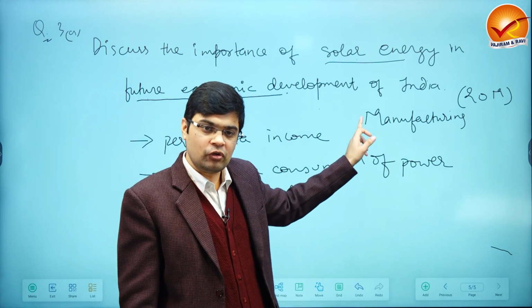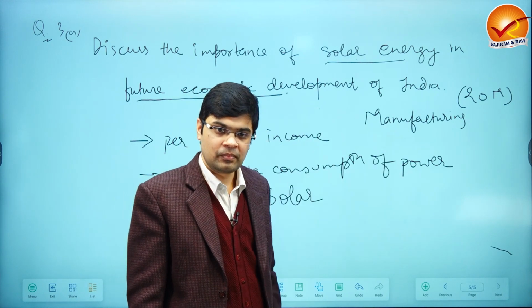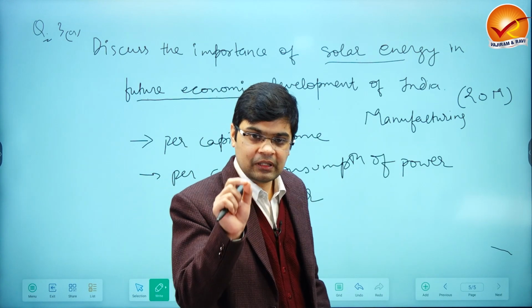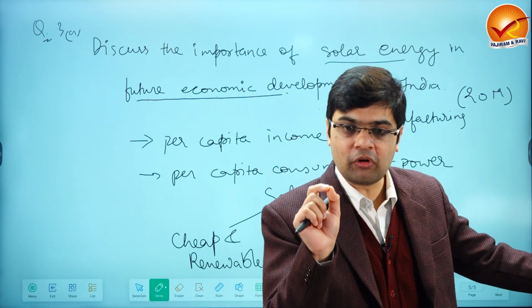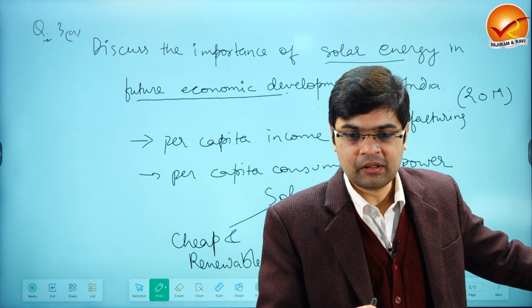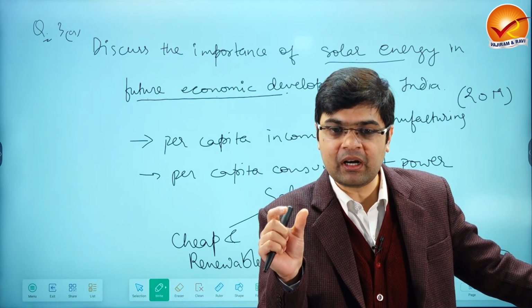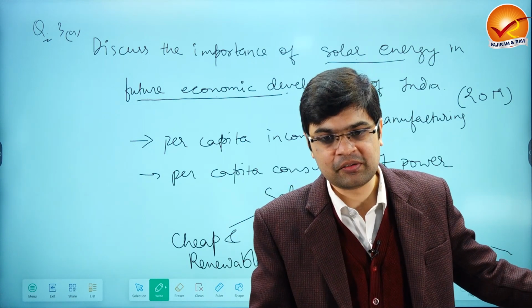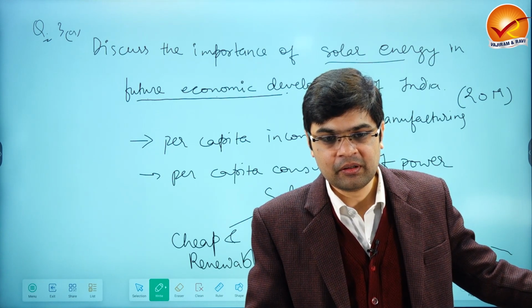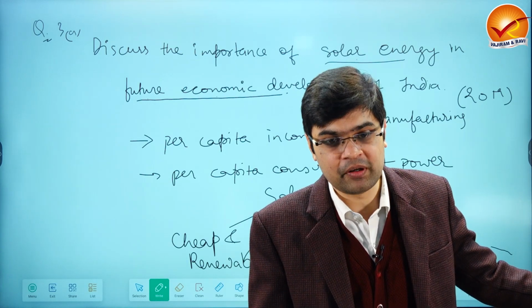And then link it with coal, the problems with coal, and how solar energy can be helpful here. Then talk about the decentralized development of the country that we need in future. The large urban centers cannot accommodate the number of people that are moving into those urban centers. So we need decentralization of industries, for which we need decentralized power.